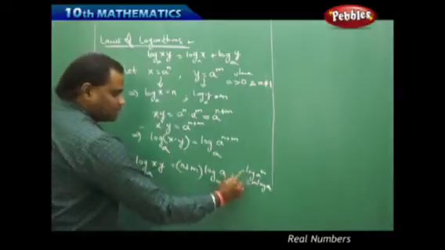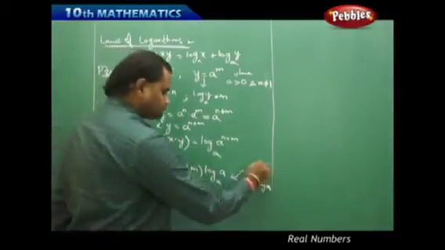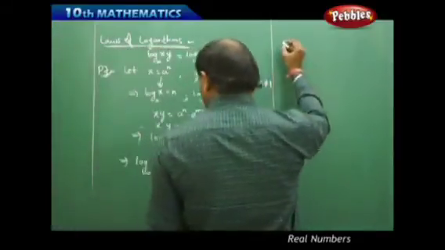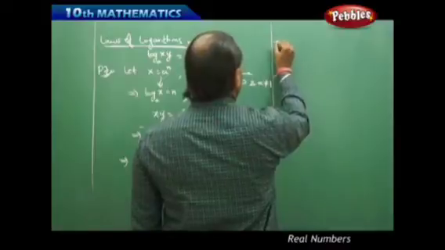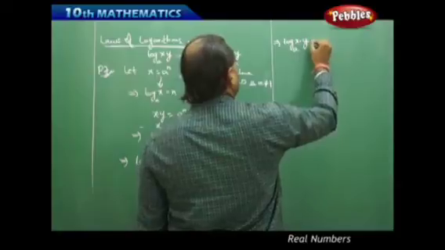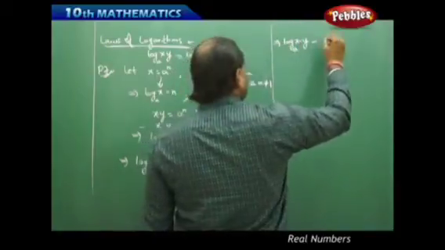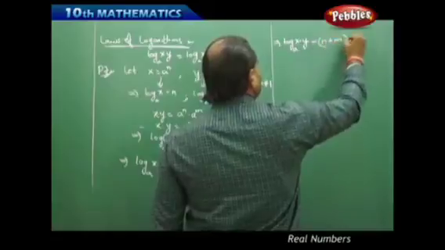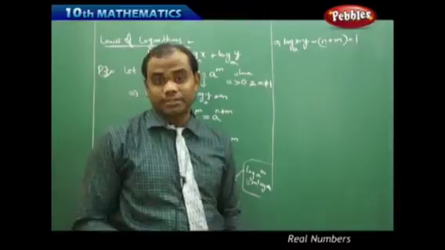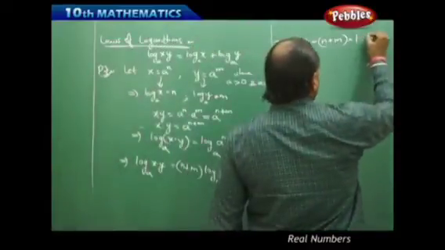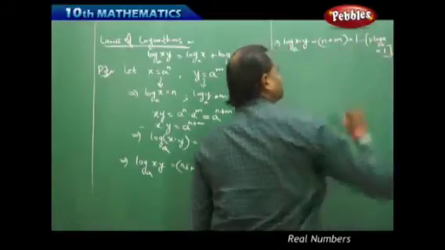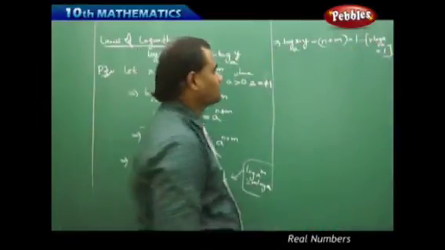This is strictly by using this formula. Now when I continue with this, the left hand side becomes log xy equals n plus m times 1, because log a to base a is already proved to be 1 just now, as we have already proved that.